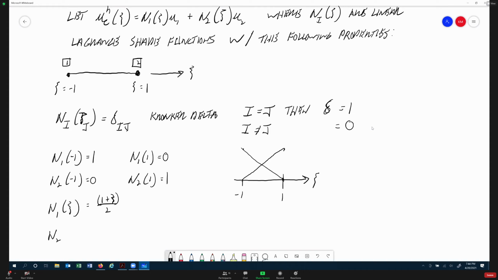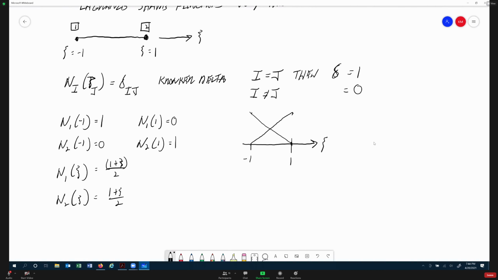And N2 of C is equal to 1 plus C over 2. These N1, N2 of C are our shape functions for this element. So this is how we go from -1 to 1.